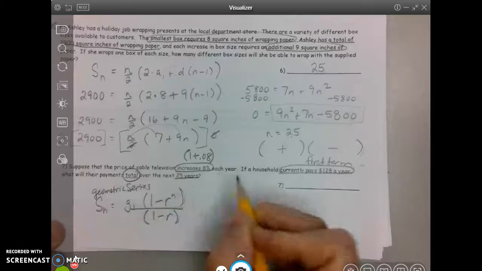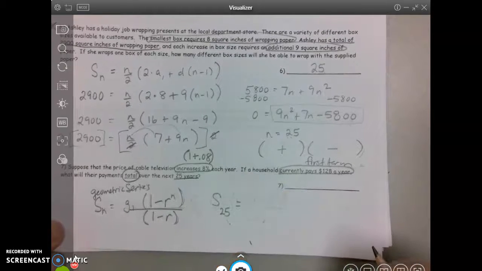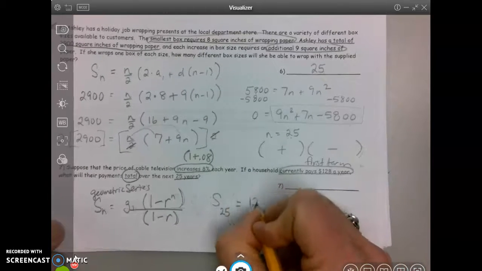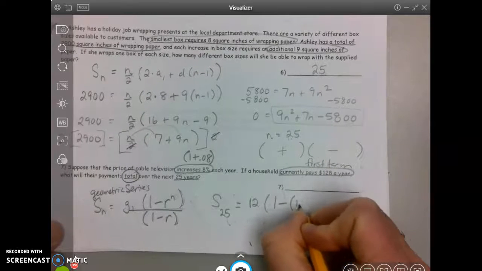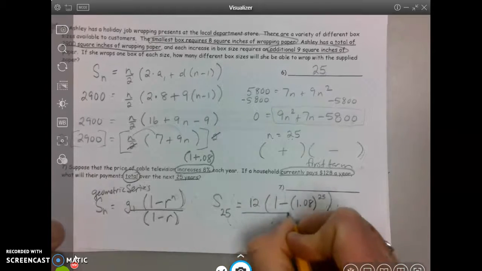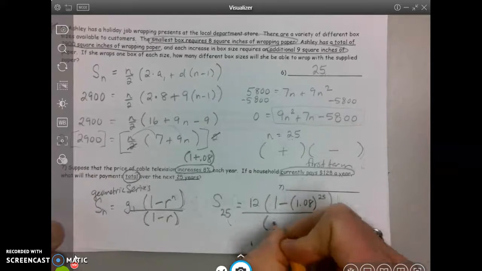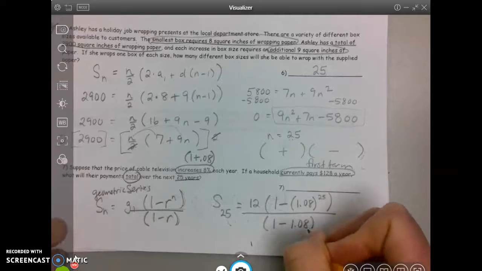Since we're looking at 25 years, it's going to be S sub 25 equals the first term, which is 128, times 1 minus 1.08 to the 25th, all divided by 1 minus 1.08.